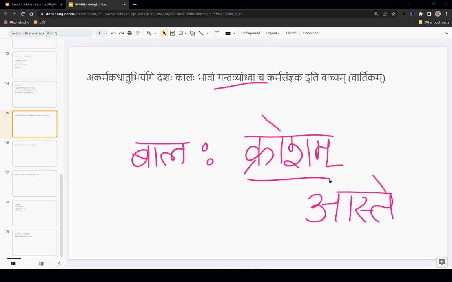Akarmaka dhatuvihi yoge. When akarmaka dhatus are used, like uttar, bhram, vas, as, upavish, etc., then the nouns indicating desha, region, and kala, time, like masam, as you saw in the example, bhava kriyavachi, like godohanam, etc., and then gantavya adhva, or a unit of distance measurement.